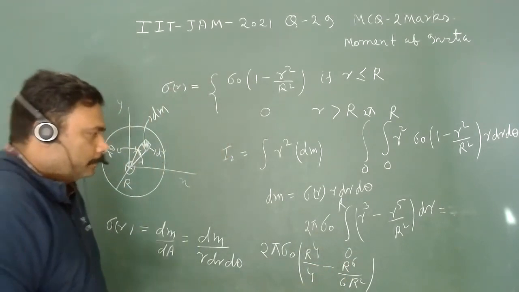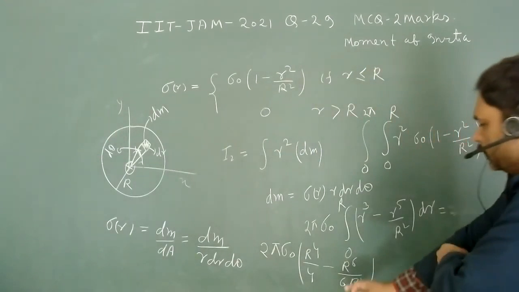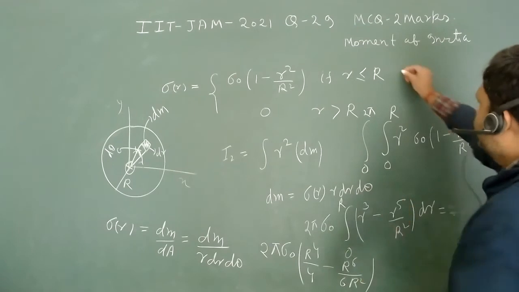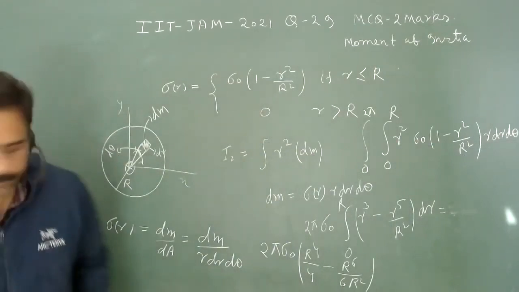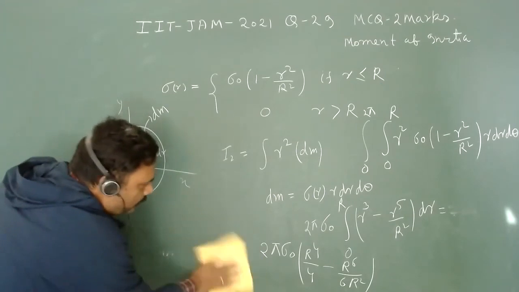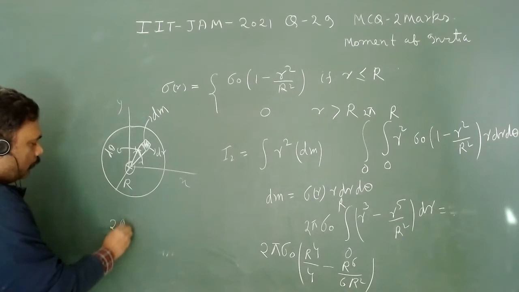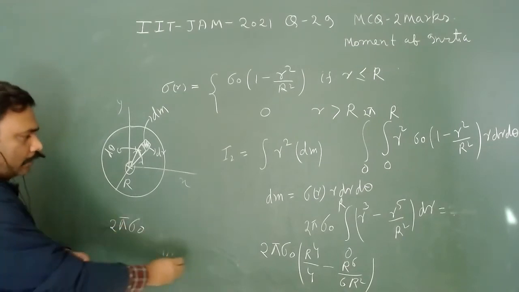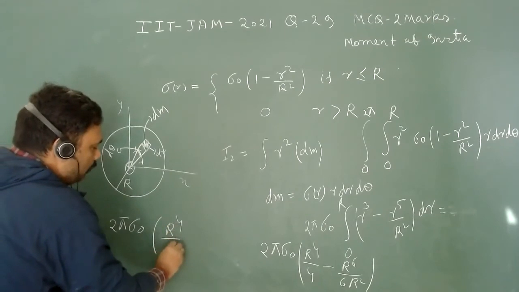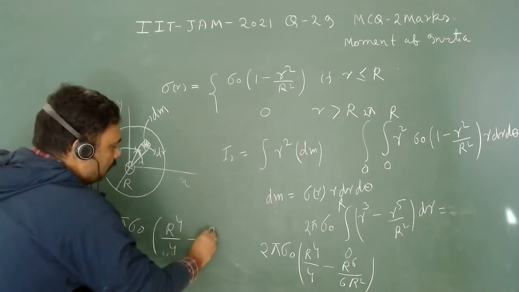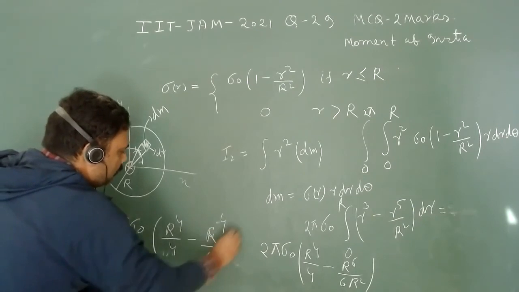It's a good sign. So we can just write this particular thing, so I am writing here, or you can use this space also. So this value is basically 2 pi sigma naught times R4 by 4 minus R4 by 6.